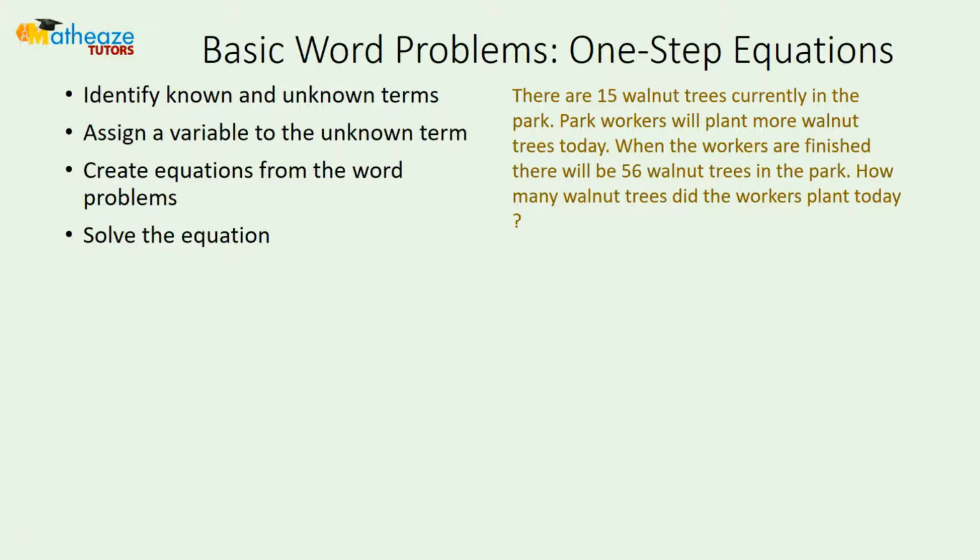Another example here. There are 15 walnut trees currently in the park. Park workers will plant more walnut trees today. When the workers are finished, there will be 56 walnut trees in the park. How many walnut trees did the workers plant today?